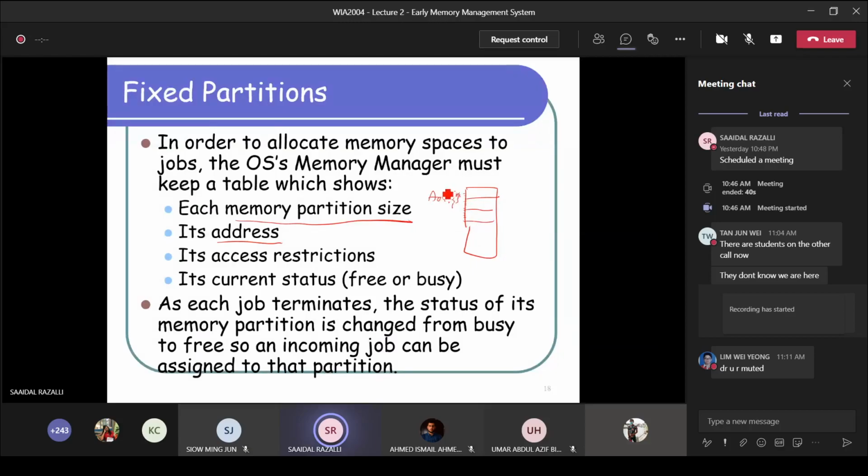If you learn microprocessor, machine language or assembly language, you will learn how to program the CPU. The table also shows its access restrictions and its current status, free or busy. Free means that the block is free and any job can enter.